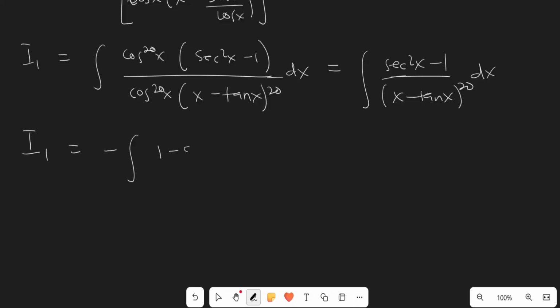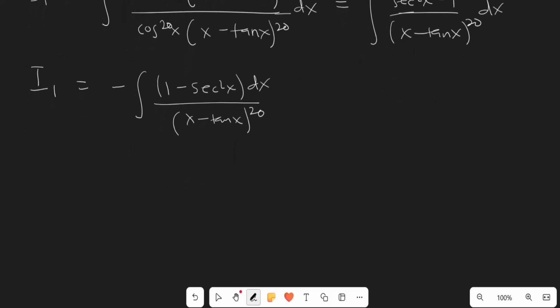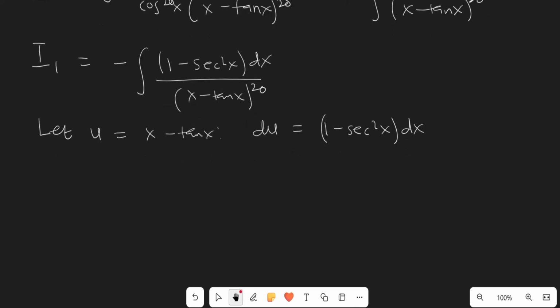That becomes (1 minus secant square x) dx all divided by (x minus tan x) all to the 20th power. Can use a u-sub. You can let u be equal to x minus tan of x. du is going to be (1 minus secant square x) dx. So in place of (1 minus secant square x) dx, I can replace that with du.